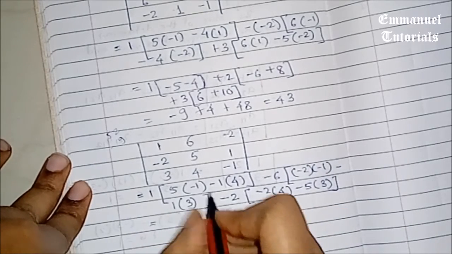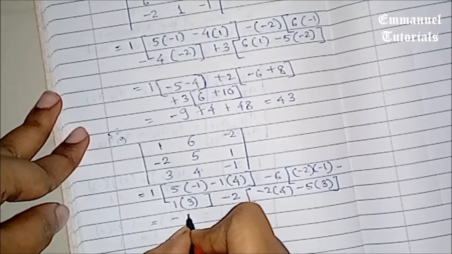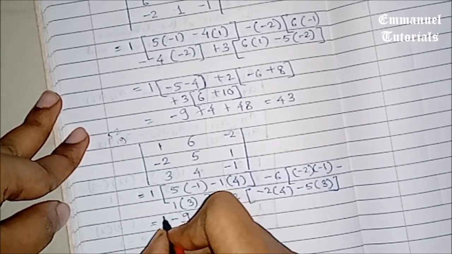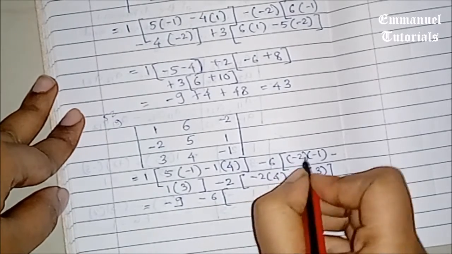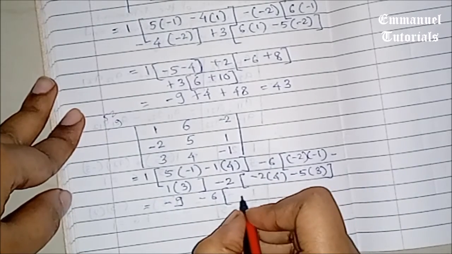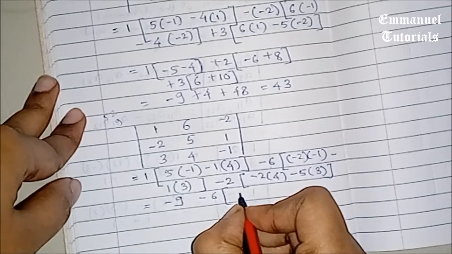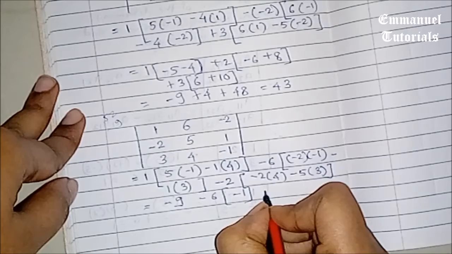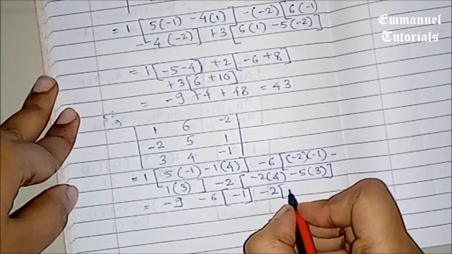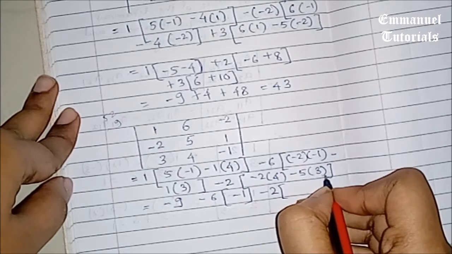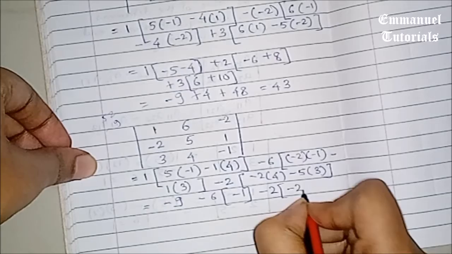This is equal to minus 5 minus 4, which is minus 9, into 1. So again minus 9, minus 6 into (plus 2 minus 3, which is minus 1), minus 2 into (minus 8 minus 15). So that will give us minus 23.